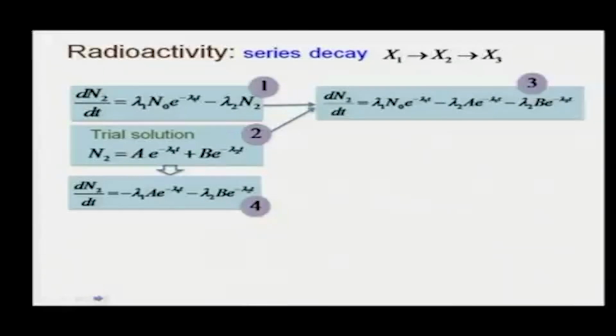Differentiating equation 2 will give you dn2 by dt on the left hand side, and the right hand side is minus lambda 1 a times exponential minus lambda 1 t, minus lambda 2 b exponential minus lambda 2 t. Now, for equations 3 and 4, the left hand side is the same.